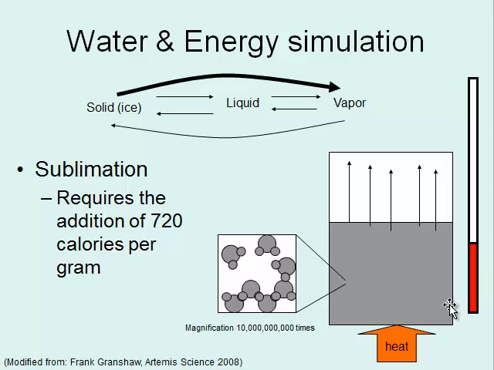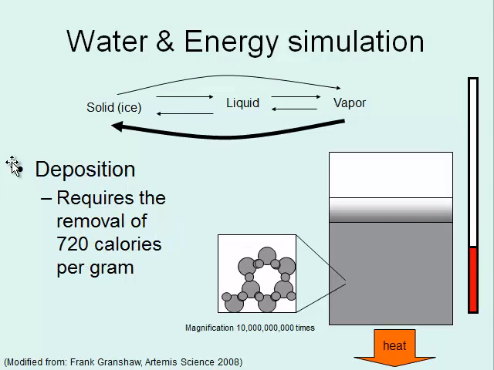That's because you have sublimation happening in your freezer. You have solid ice that is skipping the liquid phase and going straight to the vapor phase. And this requires 720 calories per gram. So a lot of energy needs to be available to change from the solid to the vapor form.